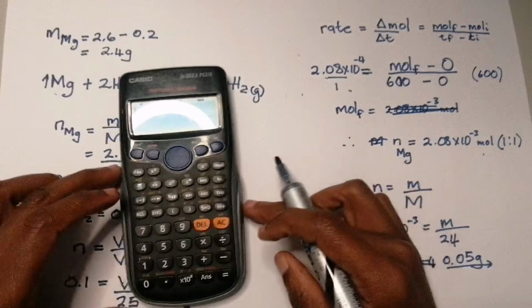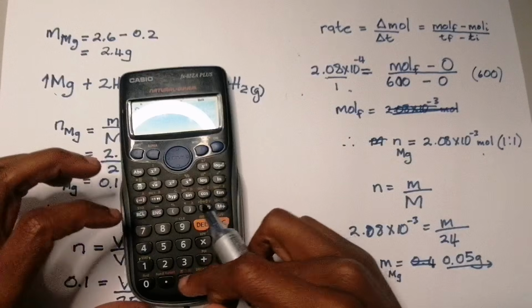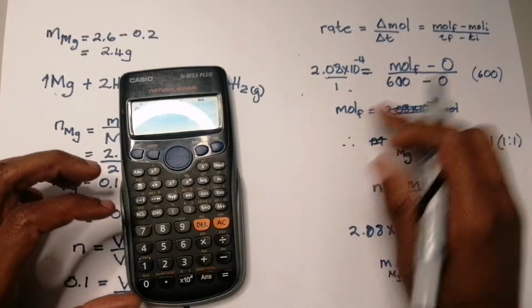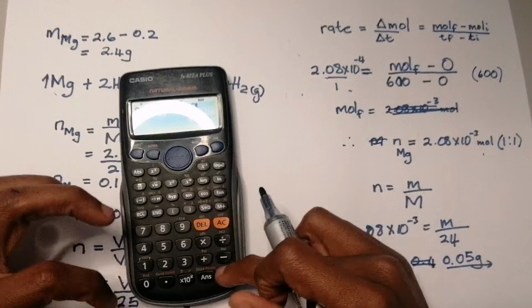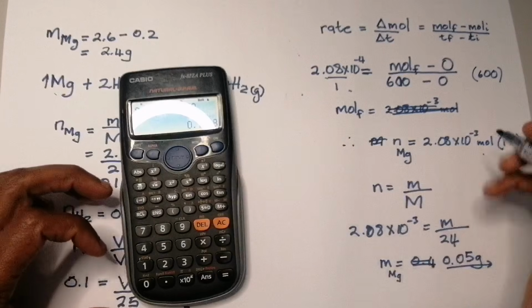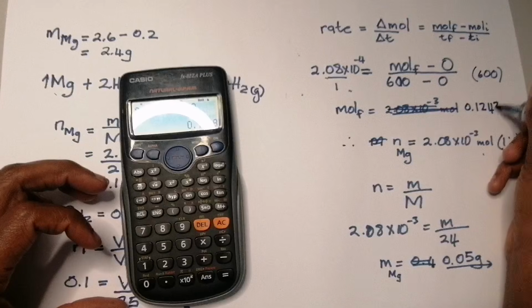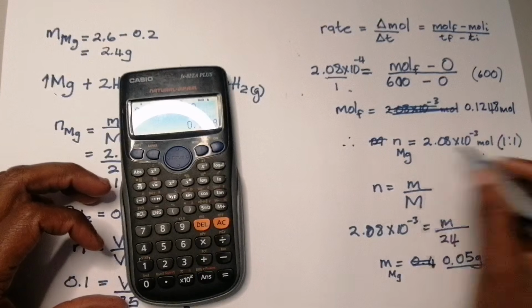Now I'm going to say it's 2.08 minus 4, that value there, multiplied by 600. So that's 0.1248 moles. I'm just not going to round it off here.